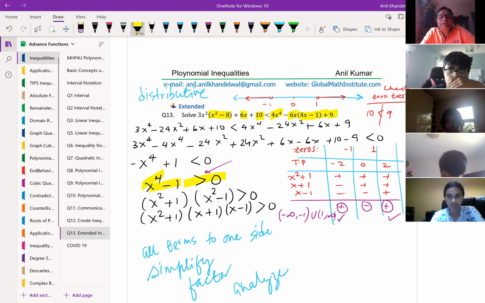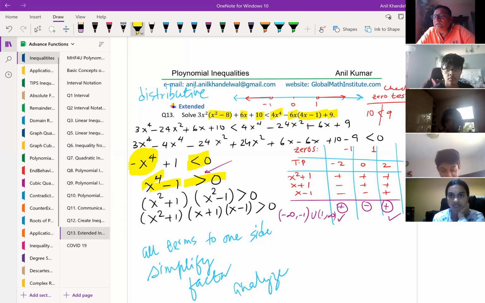And you see greater than 0 because there was a negative term, so I multiplied by negative and changed the sign. There could be a possibility of an error at this stage, so you have to be very careful when you simplify and get all the terms to one side to solve it. Is this point clear to you?